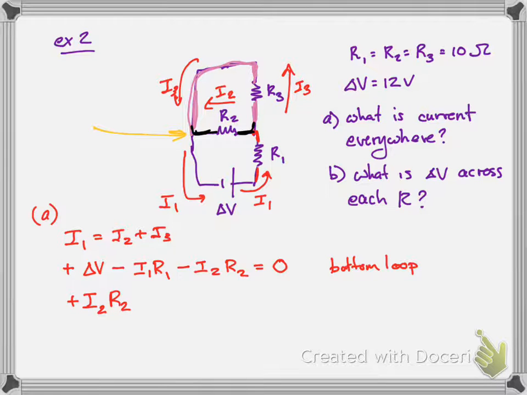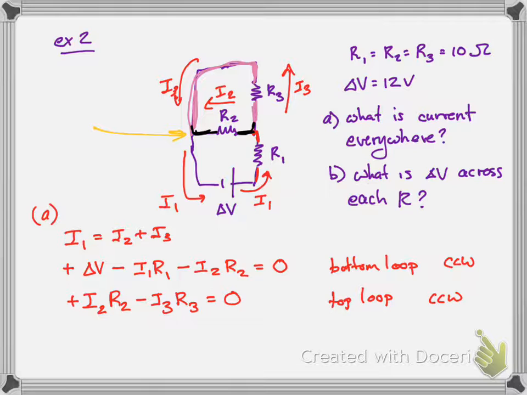Then I follow counterclockwise around the top loop, and now I'm following the current I3 through R3, so I've got minus I3R3. Then I come back around and I've done a full loop, back to where the yellow arrow started, and I get 0. So that's the top loop. Both of those loops I did counterclockwise.